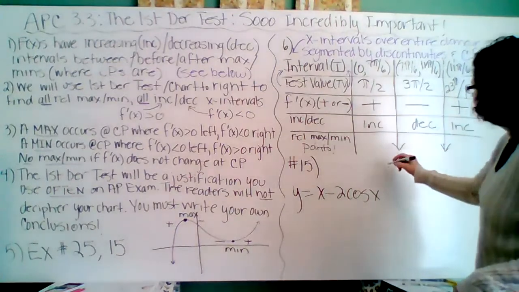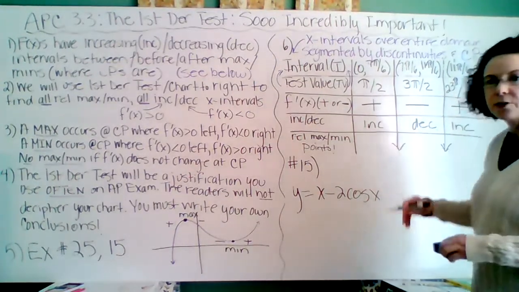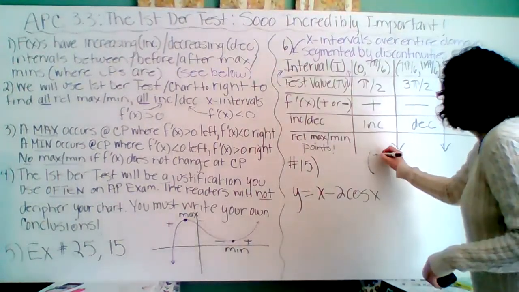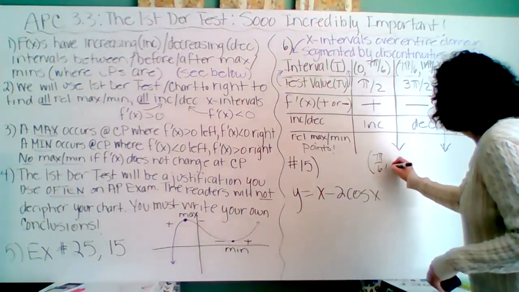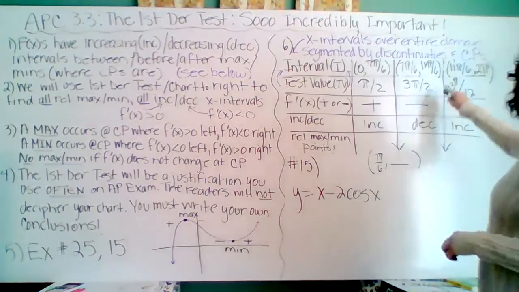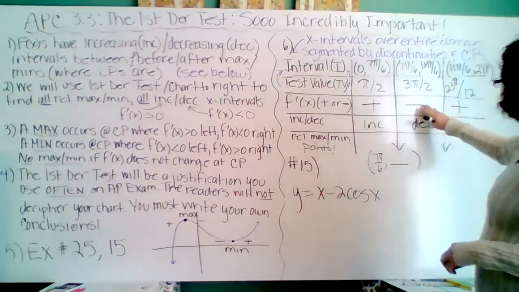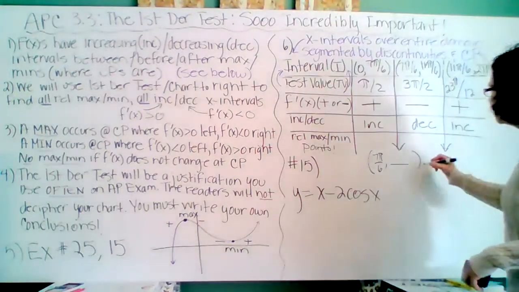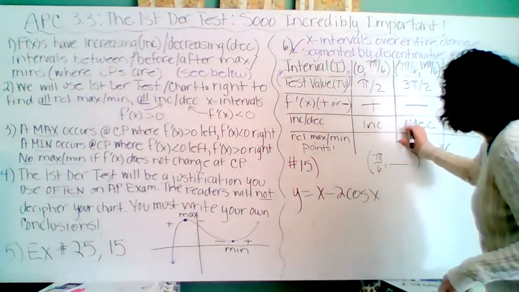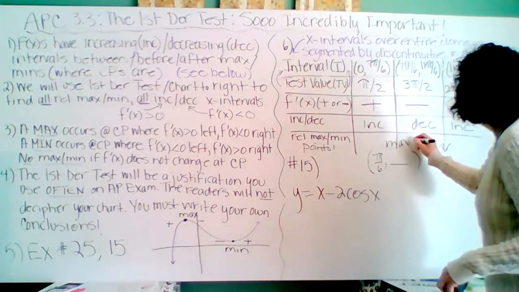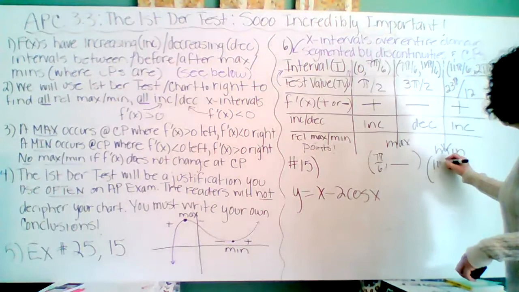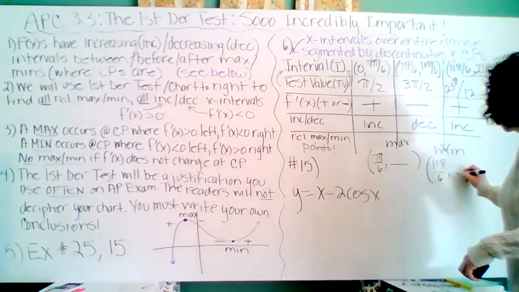Critical point at 7 pi over 6, increasing, decreasing, that's a max at 7 pi over 6. Critical point at 11 pi over 6, decreasing before, increasing after, that's a minimum at 11 pi over 6.